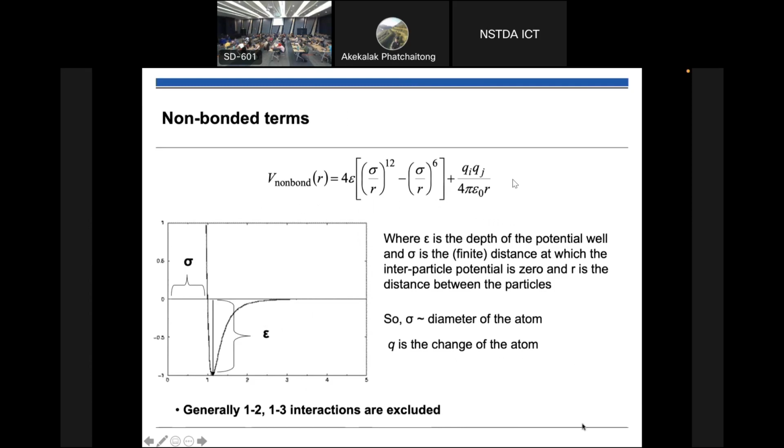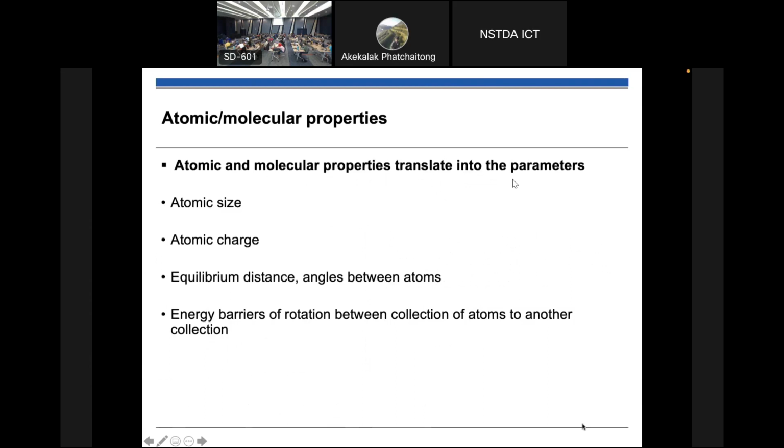You need parameters for bonds, angles, dihedrals, out of plane, impropers and everything for bonded. And for non-bonded, for each atom you need sigmas and epsilons, and you need Qi and Qj, right? Now all these things we have to translate into our force fields, and we have to do the development of the force field.